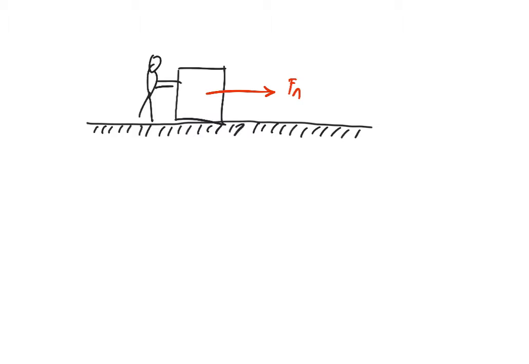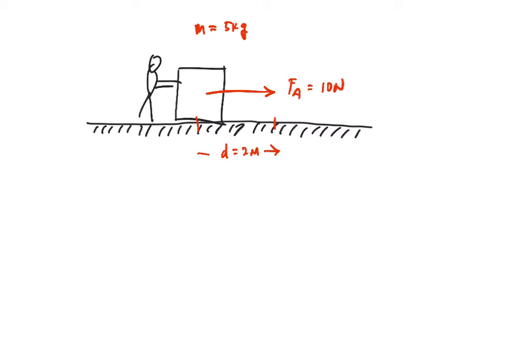Let's imagine, maybe we could even give some numbers. Let's say that the applied force here is, to make life easy, 10 newtons, and I apply that over a distance of 2 meters. So I push it to the right over a distance of 2 meters, and maybe I'll tell you that the mass of the box is 5 kilograms. So this is the situation, and again, there's no friction, so there's no other force doing work. Gravity doesn't do work because it's perpendicular.